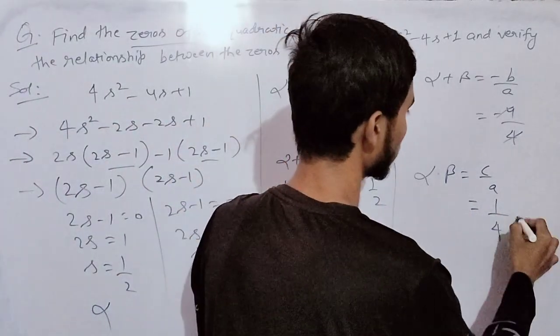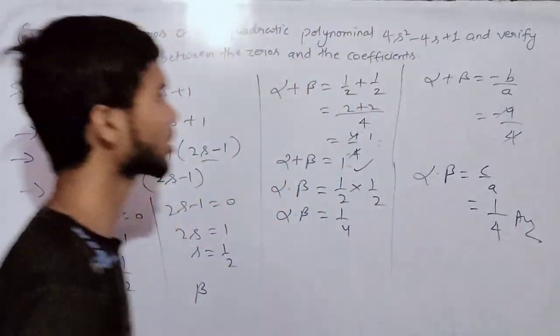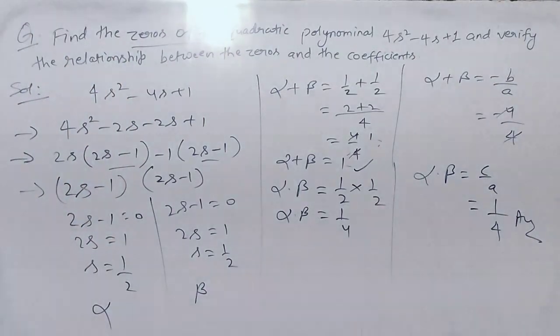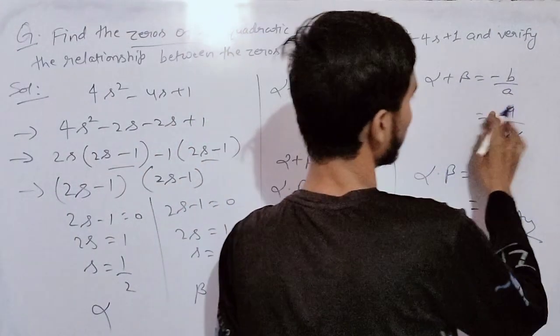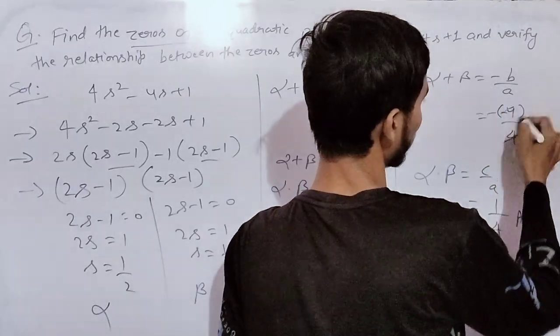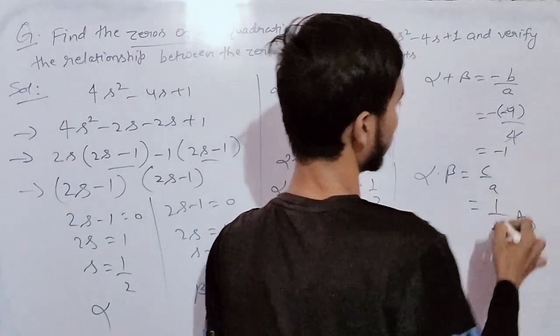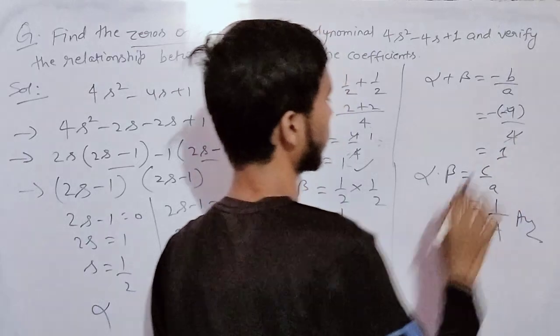This is the correct answer. And this was minus 4, and minus 4, that's why this will come only 1. This is the correct answer.